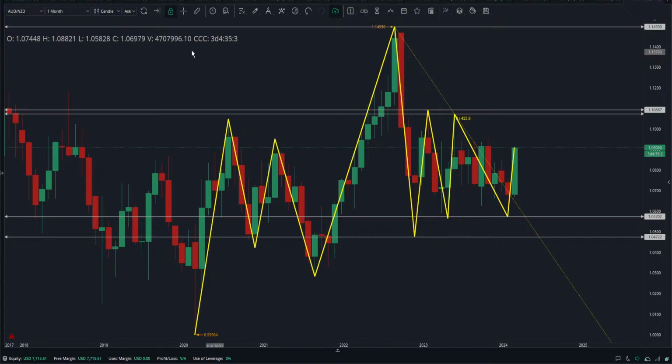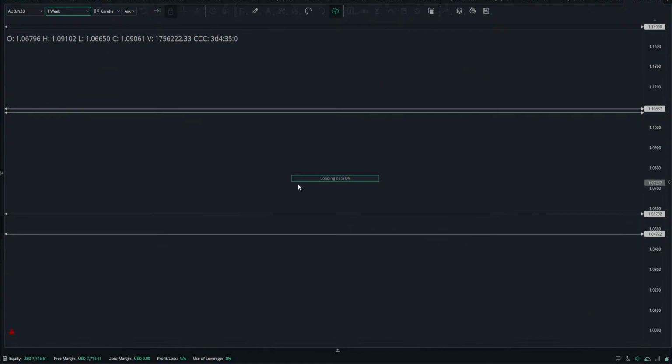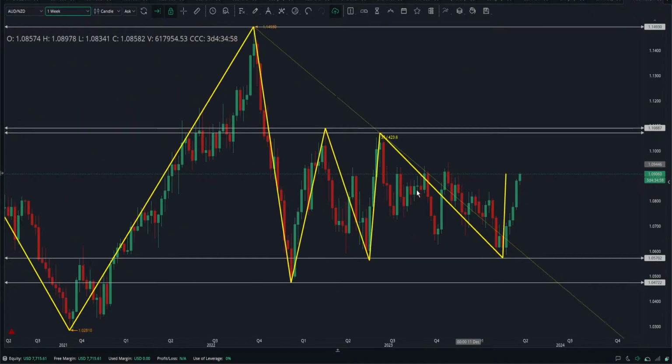All right, I'll go to weekly first. I think that will be easy to say. This consolidation will be over if the price breaks from this. Okay, from here it has broken for sure. From here, if I consider this, from here also it is broken.